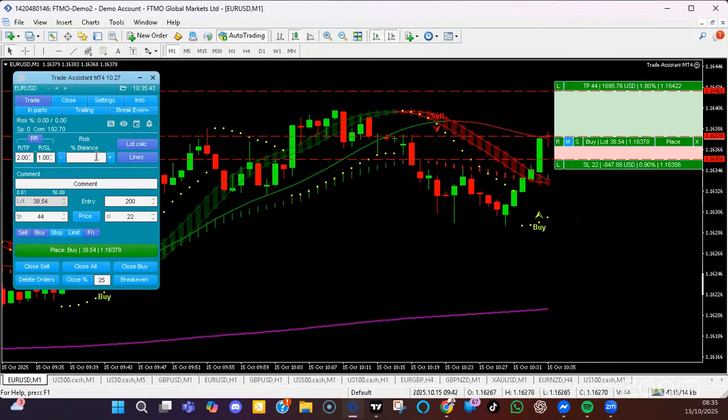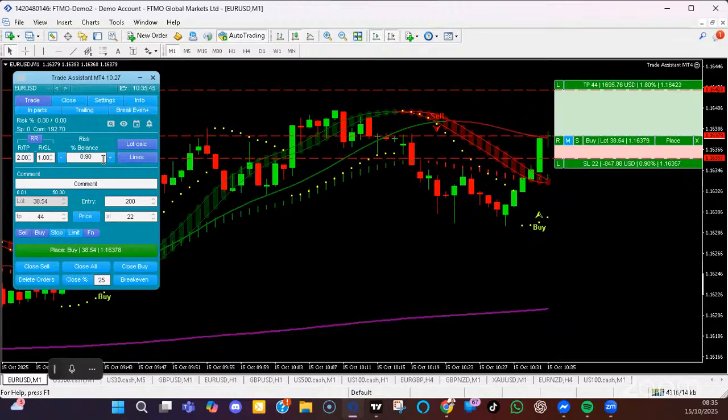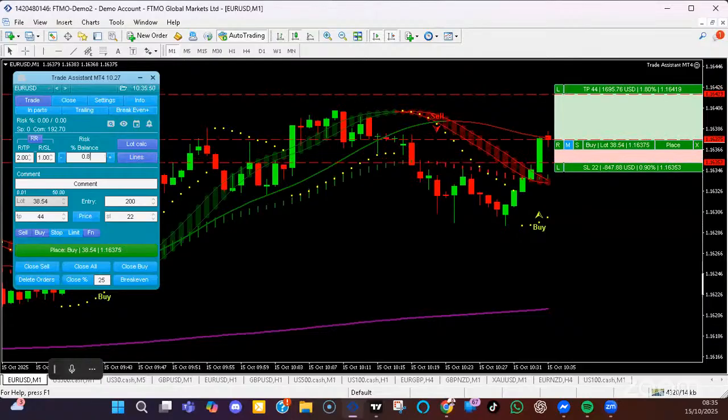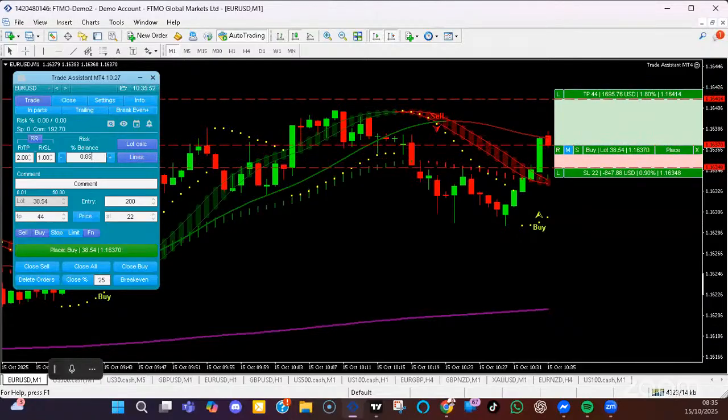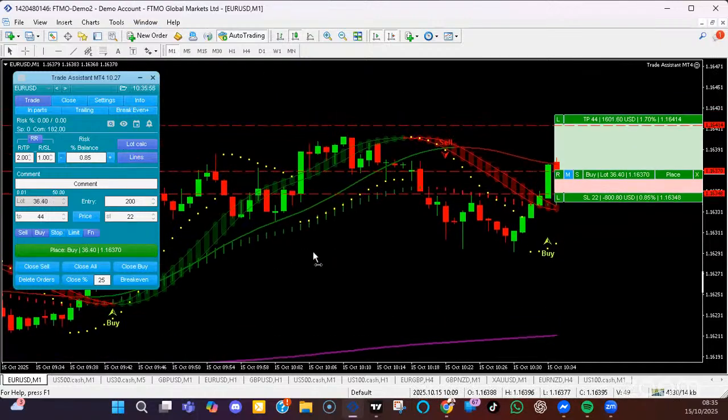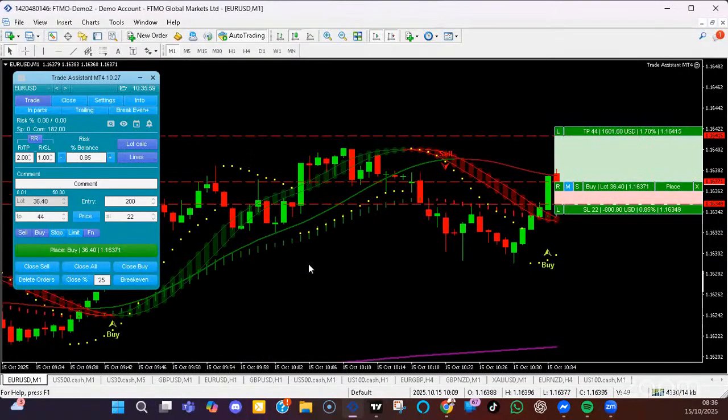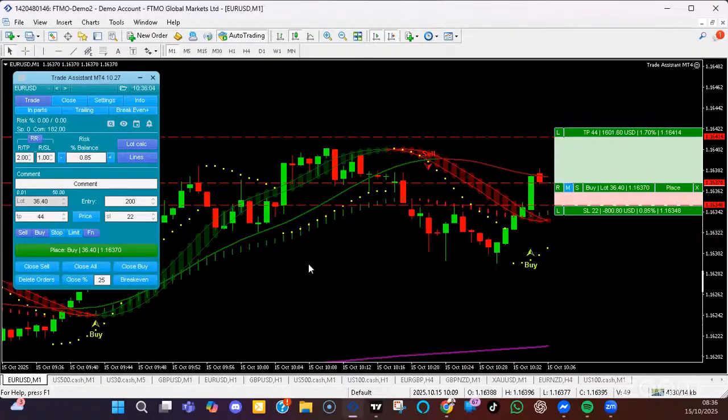Again, I'm going to put 1.85, 0.85%, because of the liquidity, trying to get it around 1% risk. Because of the low liquidity, it's not really doing that.